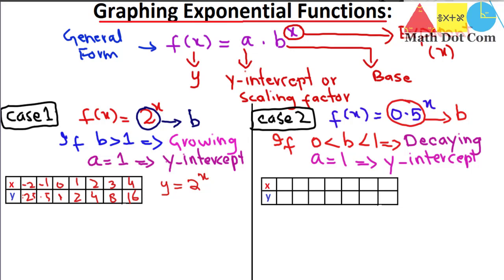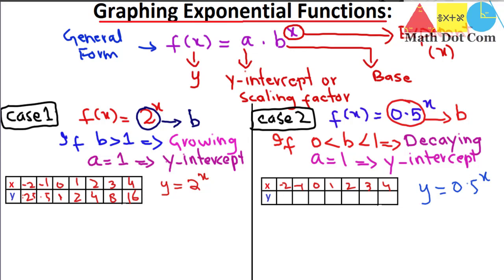Same in case of case 2, 0.5 raised to power x. We will take values minus 2, minus 1, 0, 1, 2, 3, 4. These are just random. You can take any other value. So we replace f of x with y is equals to 0.5 raised to power x, and we need to put the values of x here to get the values of y.